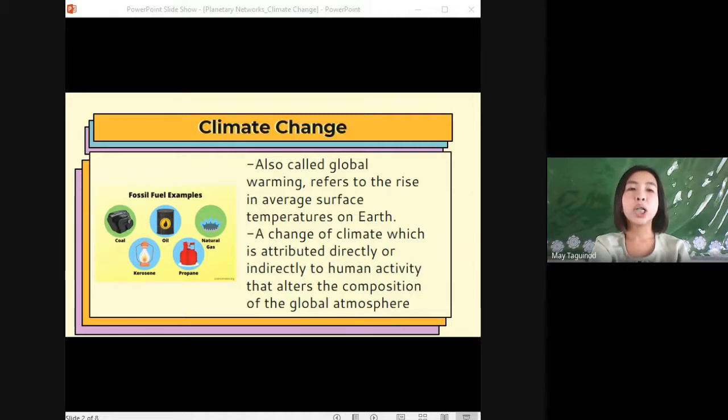It is also a change of climate which is attributed directly or indirectly to human activity that alters the composition of the global atmosphere, based on the United Nations Framework Convention on Climate Change.